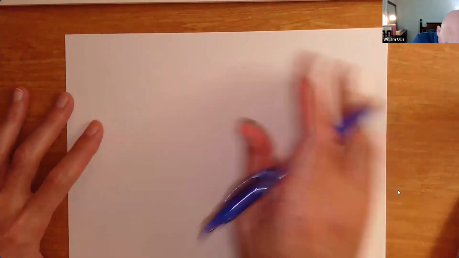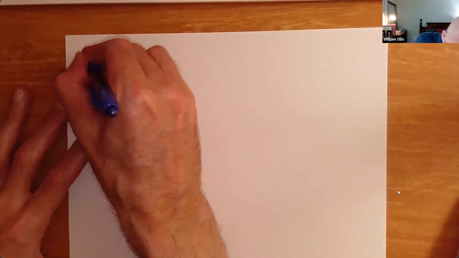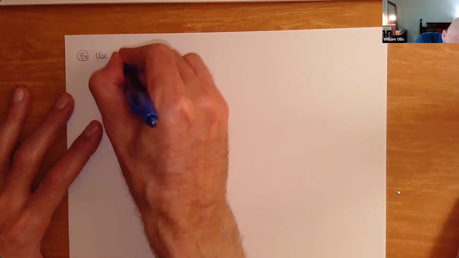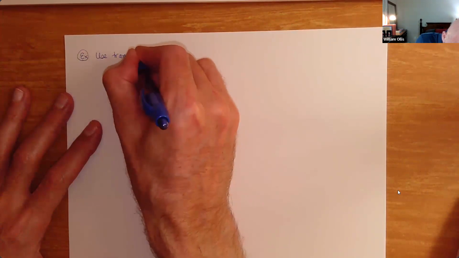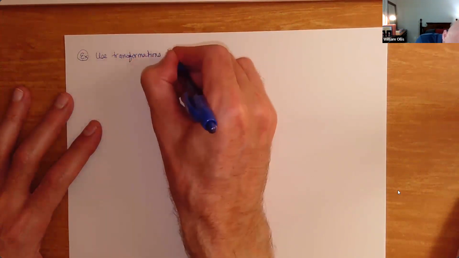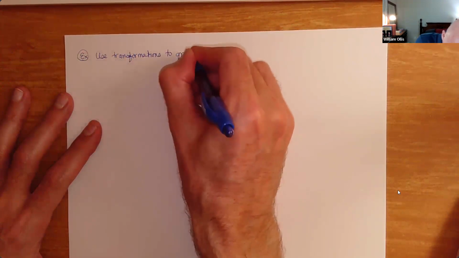We start with the simple function and create the new function like we did before, but now we're doing the backwards problem. We're not starting with the parent. We get the more complicated function, and then we want to unravel it. So here's an example. Use transformations to graph the function.